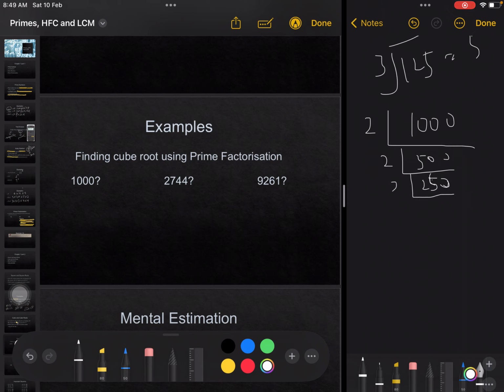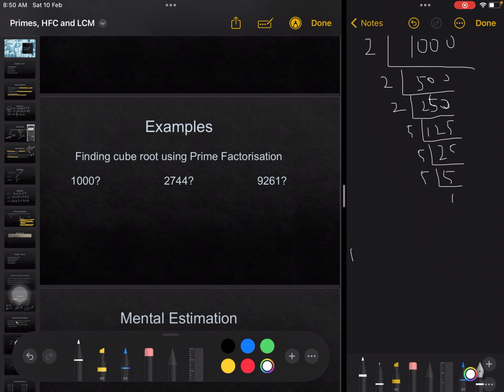Another 2, so 125. 125 divided by 5, the next available, is 25. Then divide by 5 again, 5, and then 1. So 1000 is equal to 2 times 2 times 2 times 5 times 5 times 5.